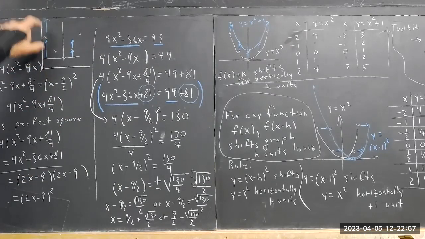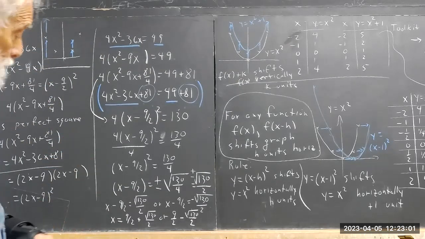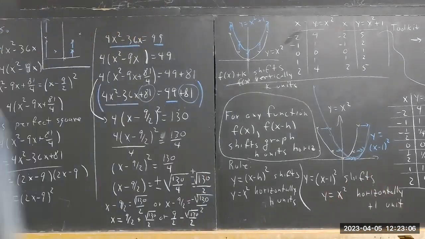So this point's further, it moves a lot further. That makes sense? You understand why? Okay. So that's one thing that's really important to get straight. It's immensely to your benefit when you encounter it in pre-calculus.